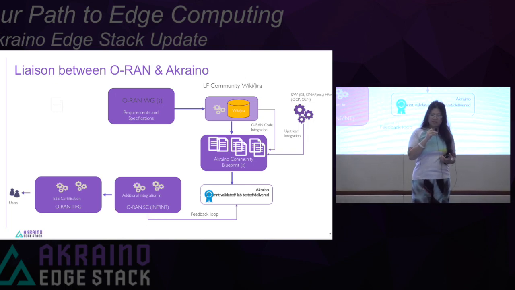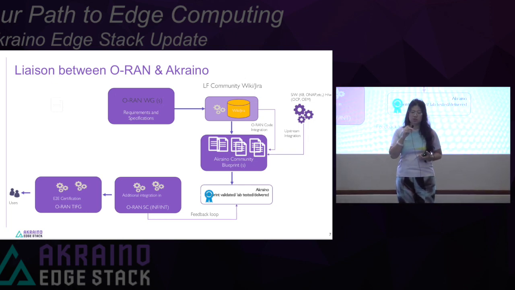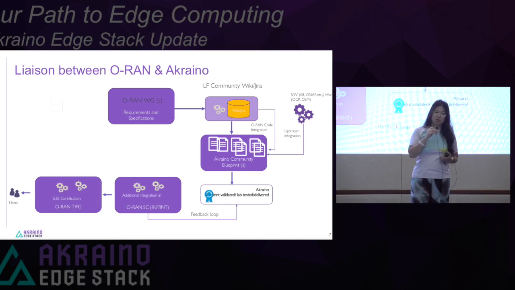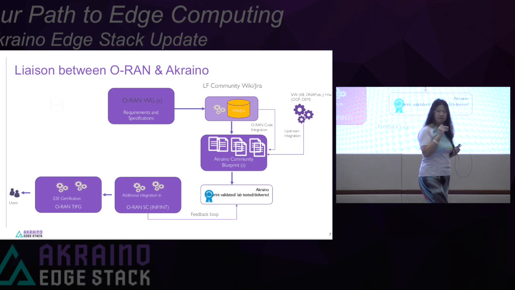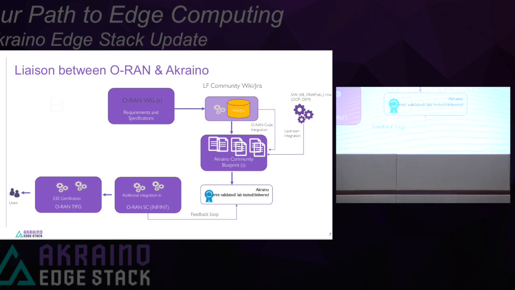After the O-RAN SC does the additional integration, it is input to the end-to-end certification group, which is called O-RAN TIFG. So finally, there is feedback to the user. I see this as a complete closed loop between O-RAN and Akraino. Any questions so far? Okay, seems clear.